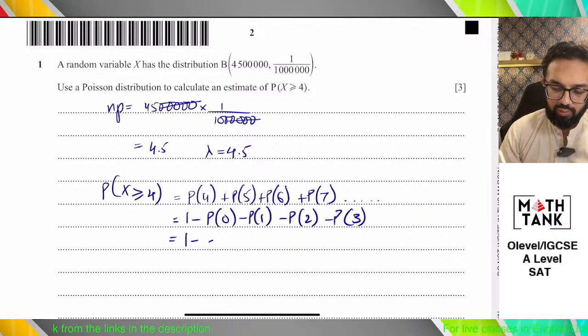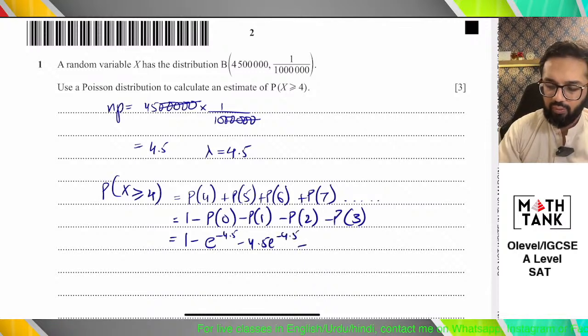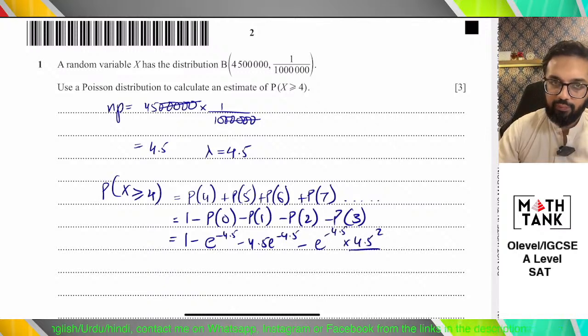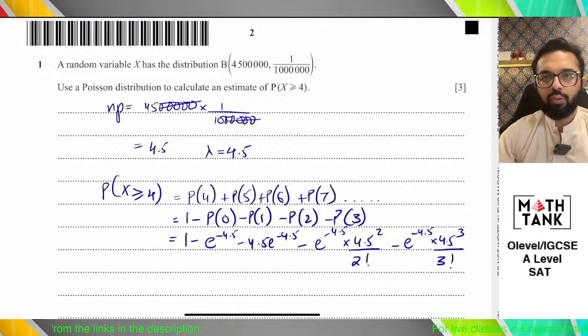That's 1 minus e^-4.5 minus 4.5 e^-4.5 minus e^-4.5 times 4.5 squared over 2 factorial minus e^-4.5 times 4.5 cubed over 3 factorial.